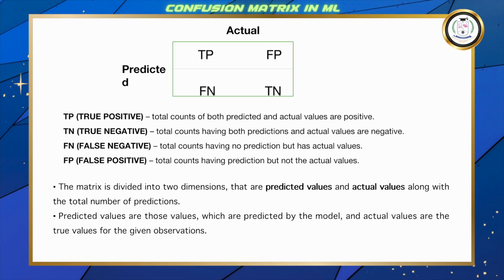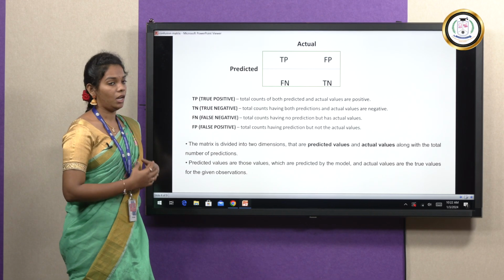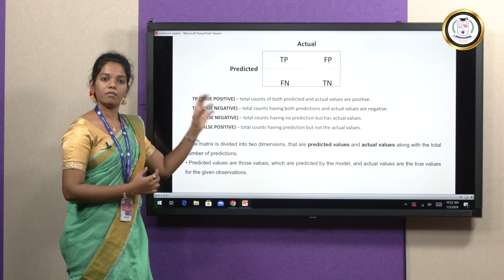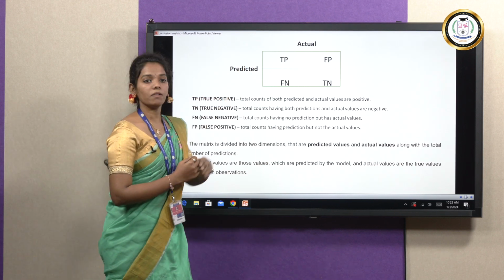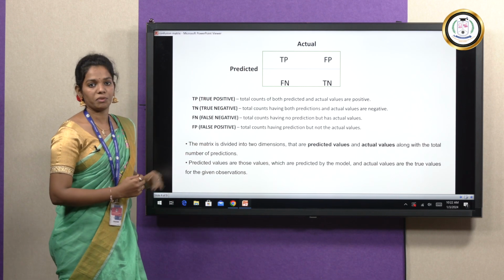Our matrix is basically divided into two dimensions: the first is my predicted value and the next is my actual value, along with the total number of predictions. Predicted is the value predicted by the machine learning model, and actual values are the true values given for the classification.